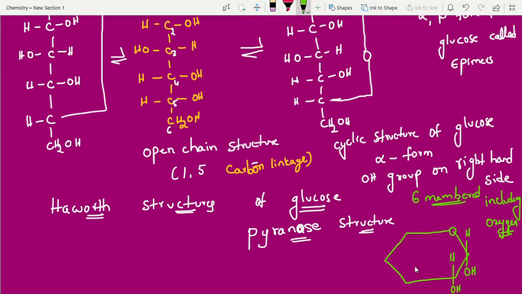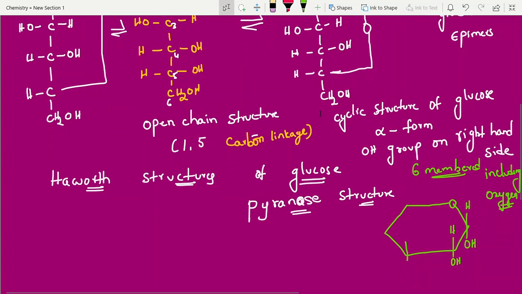Third carbon, H down, OH up. Yes, H down, OH up. And fourth carbon, students, right hand side is nothing but OH down, H up. Did you understand?